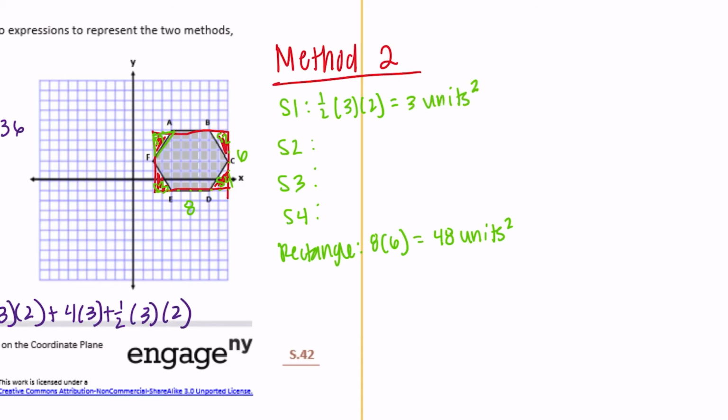Shape 2 is also 3 by 2. I think they're all going to be 3 by 2. So 1/2 3 by 2. Shape 3 is also 1/2 3 by 2. Shape 4 is 1/2 3 by 2.